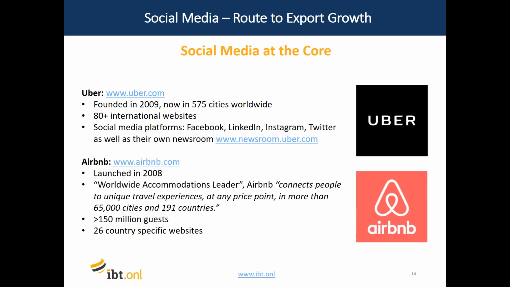Thank you, John. Just wanted to bring up these two companies, these household names, Uber and Airbnb. There are other companies that I could mention that are generally called unicorns. These are companies that were started very recently, within the last 10 years. At the very core of their business model is social media and global social media and online marketing.